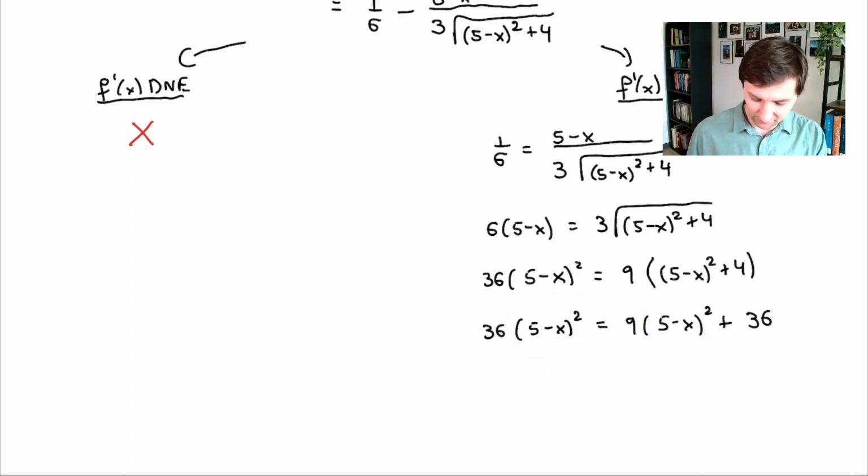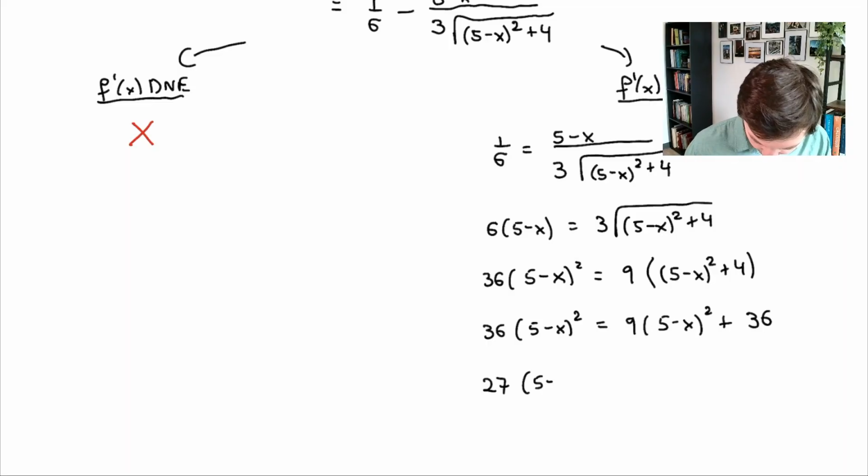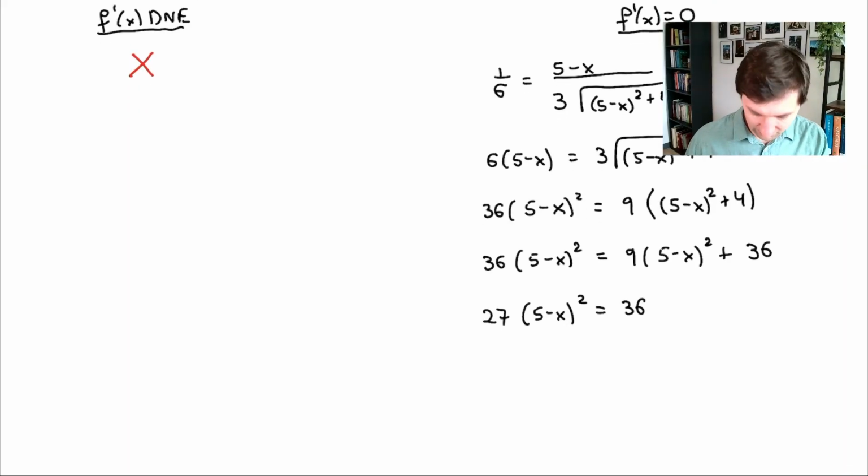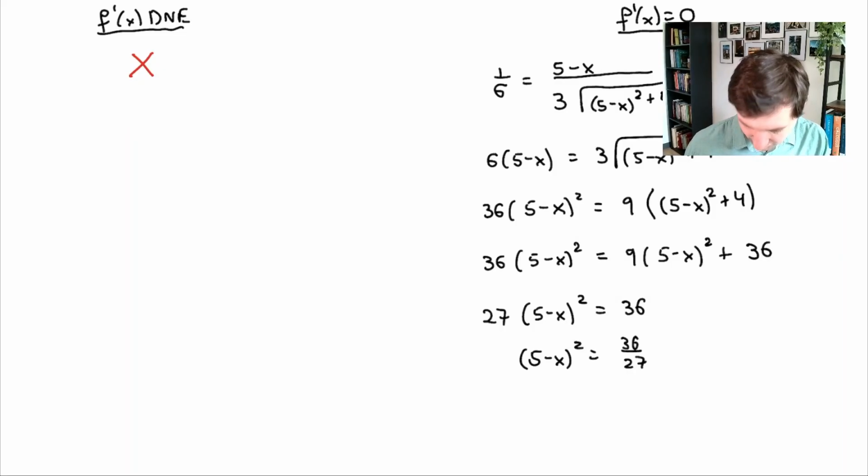When I subtract this term from both sides of this equation, on the left side, I will get 36 minus 9. 36 minus 10 is 26, plus 1, 27. So I get 27 (5 minus x) squared. On the right side, I get 36. I divide both sides by 27, and I get (5 minus x) squared equals 36 divided by 27.